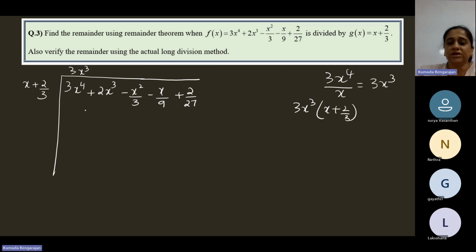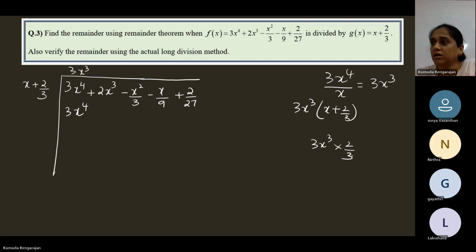So what do you get? 3x cubed into x, 3x to the power 4, then plus 3x cubed into 2 by 3, which is 2x cubed.